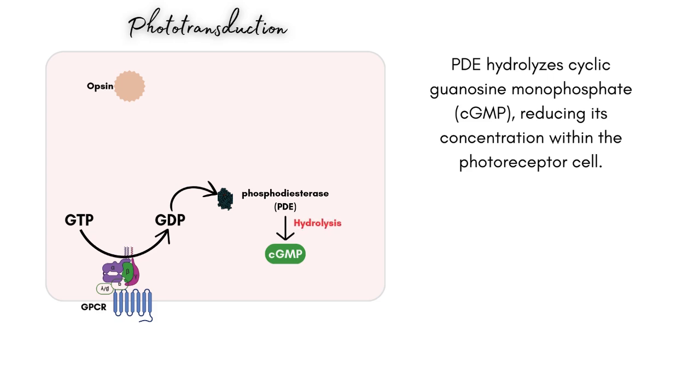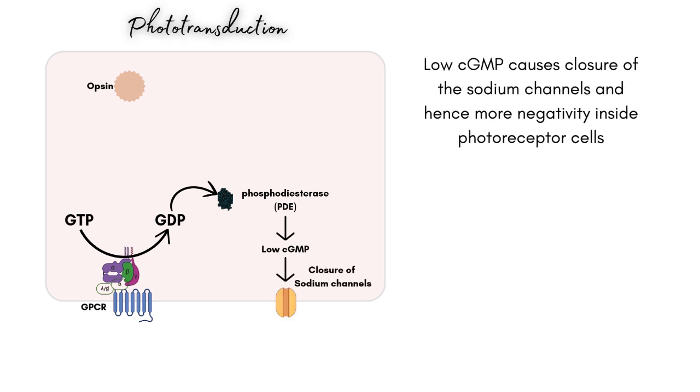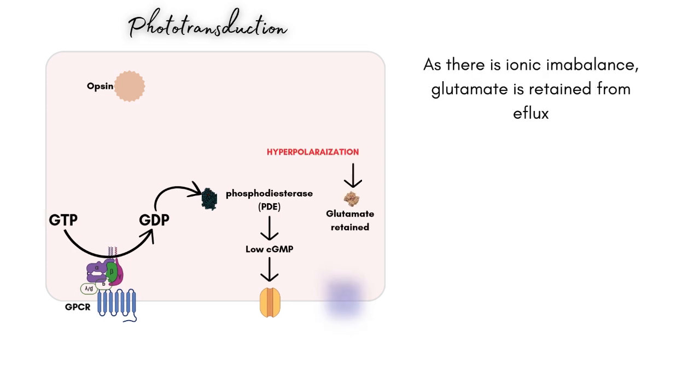PDE hydrolyzes cyclic guanosine monophosphate, cGMP, reducing its concentration within the photoreceptor cell. Low cGMP causes closure of the sodium channels, and hence more negativity inside photoreceptor cells.